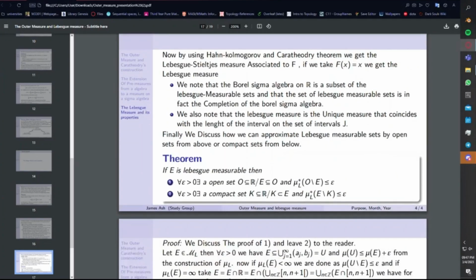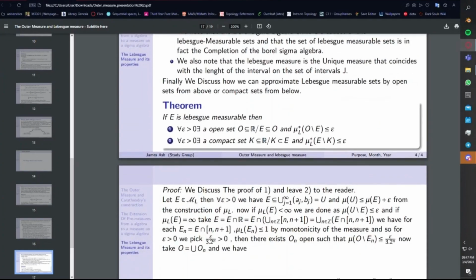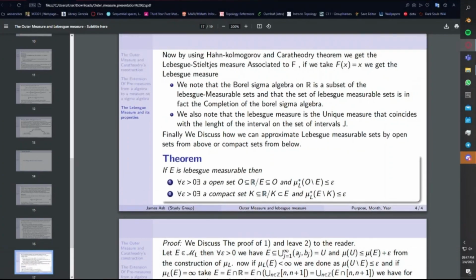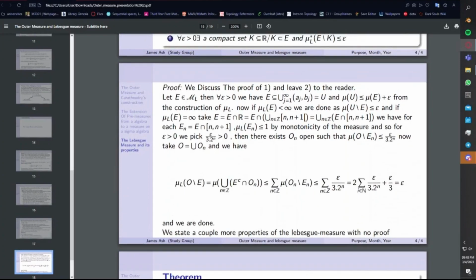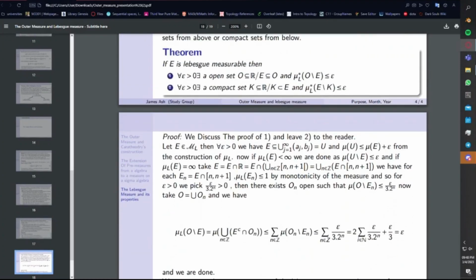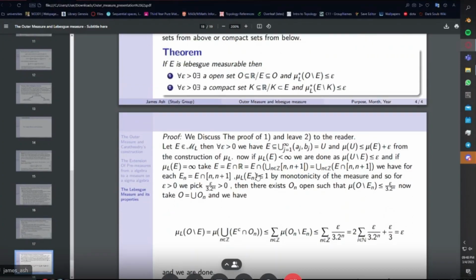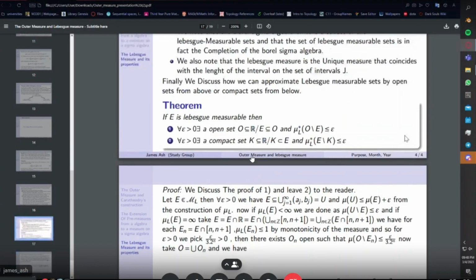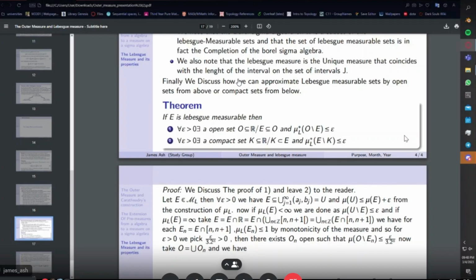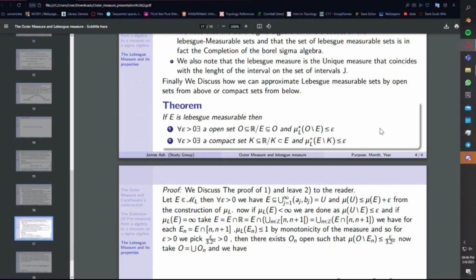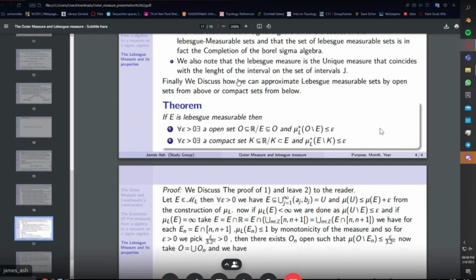So let's see. Okay, I'm going to go into the proof of the first one, and I'll leave the second one for you guys, just for the sake of time. Give me a sec so I can remember what I did here. By the way, while you're reading that, this property in general, the first one, is called outer regularity: E can be approximated from the outside by open sets.